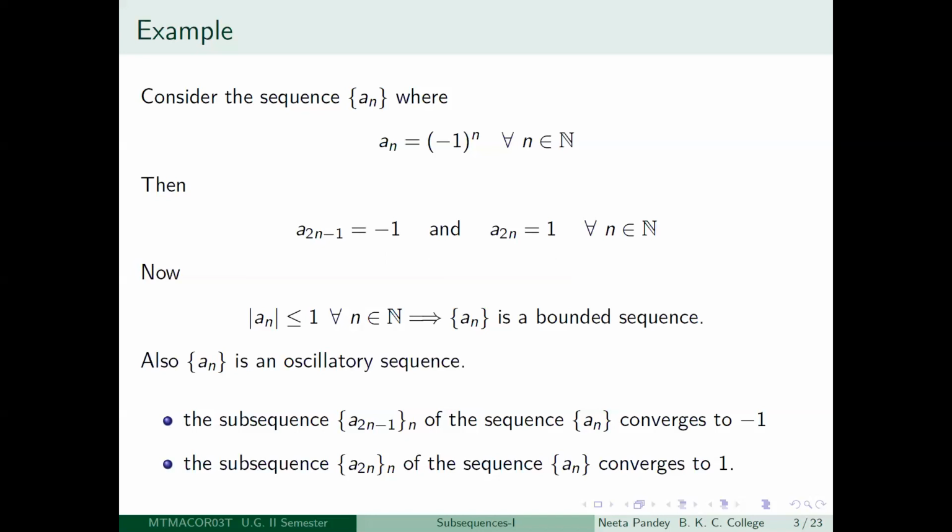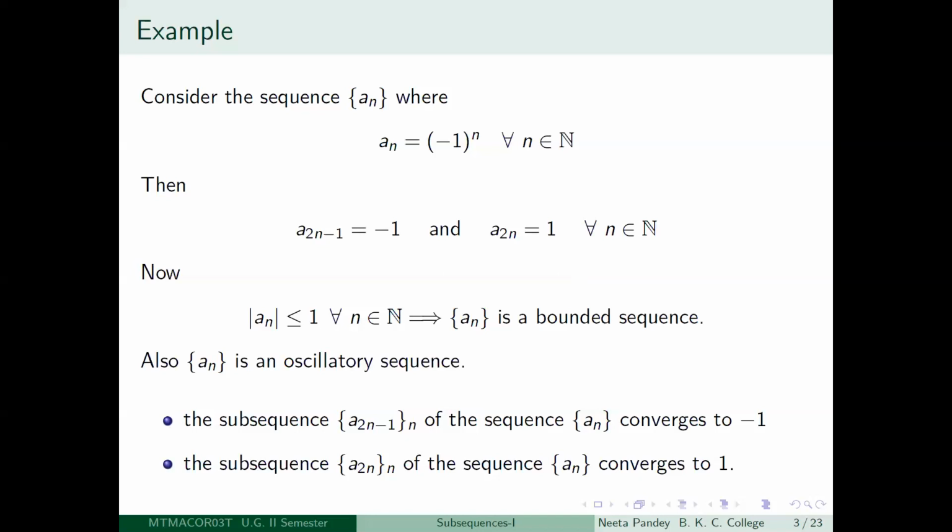For example, if you look at all terms of the form 4n plus 1, all right, so I'm again giving you a formula, say. So if you look at all 4n plus 1th terms of the original sequence, then where will it start? If you put n equal to 1, it becomes 5, right? And then if you put n equal to 2, you get the ninth term of the sequence, 4 into 2 plus 1.